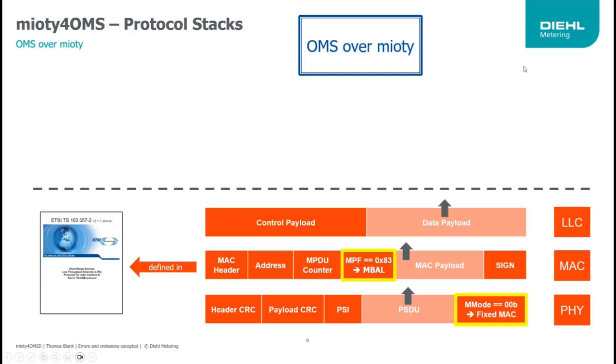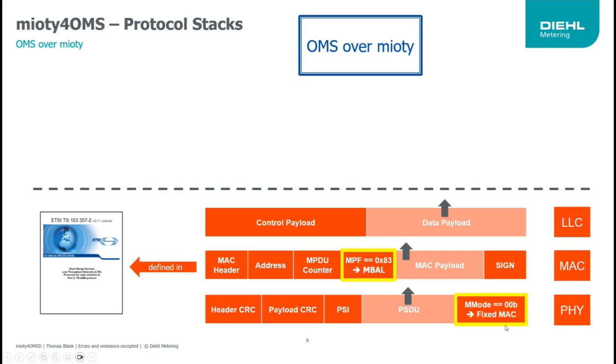Let's now have a look at the OMS over mioty subprofile. And as you see, it's different here. This profile is using more definitions out of the ETSI specification. It's using all those lower layers from the ETSI spec. And as said, it's introduced here with a MAC mode field 00 that indicates the so-called fixed MAC.